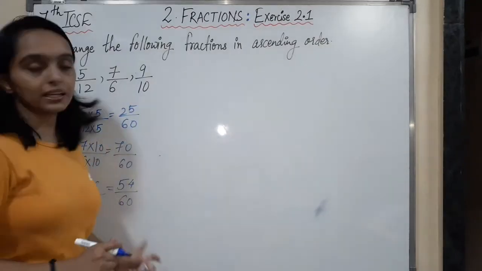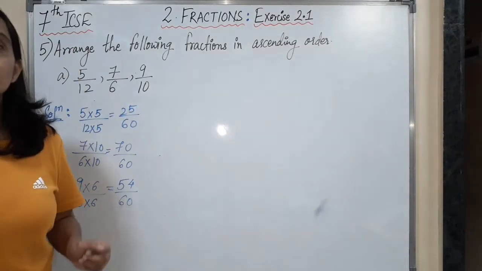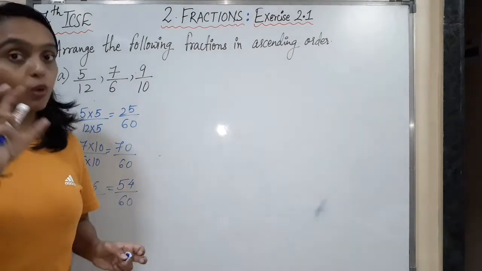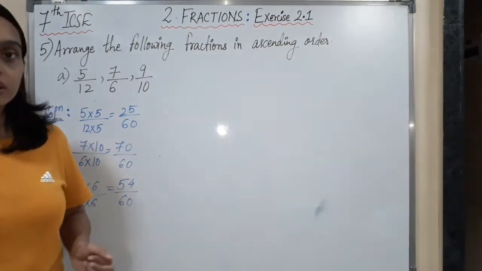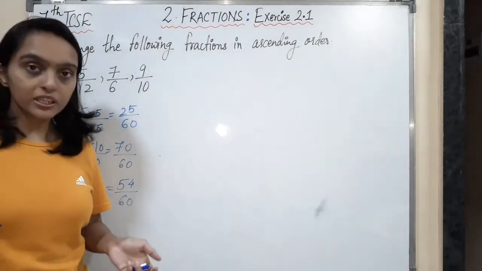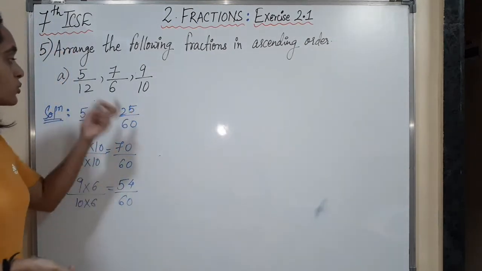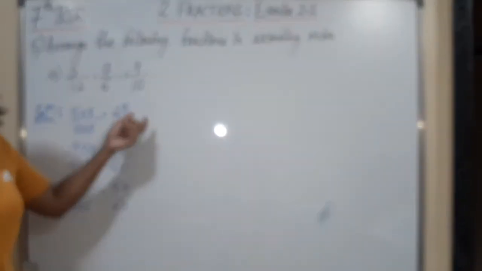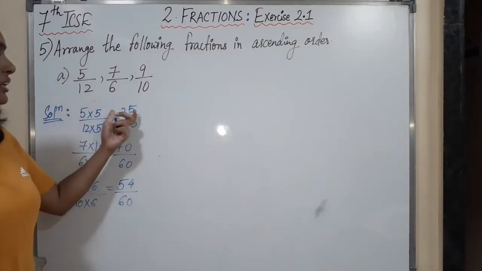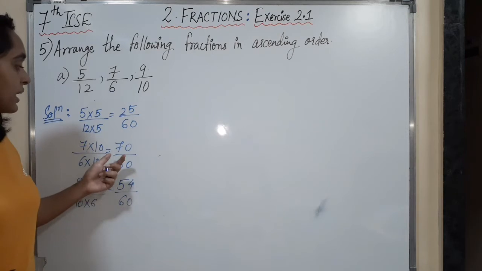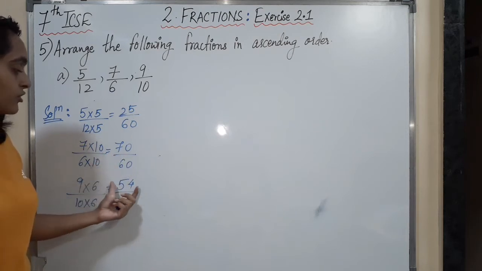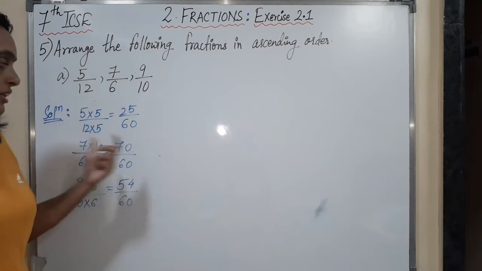Now after getting the like fractions, we will compare their numerators. The numerator with the smallest value is the smaller number and the numerator with the greatest value will be the greater number. So here 25, 70 and 54. Clearly 25 is smaller than these two numbers, so 25 is the smallest among them. Then we have 54, and lastly you have 70.